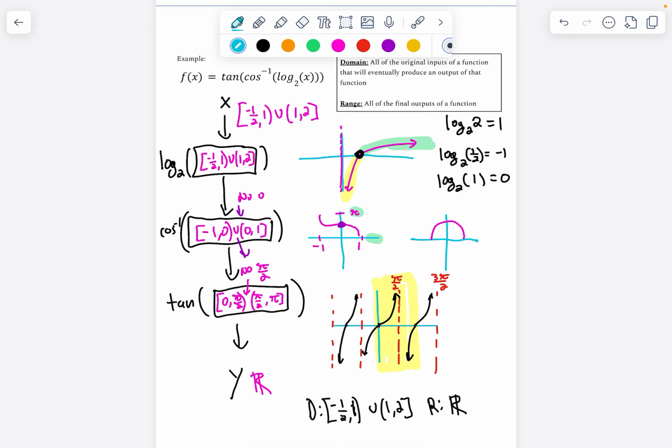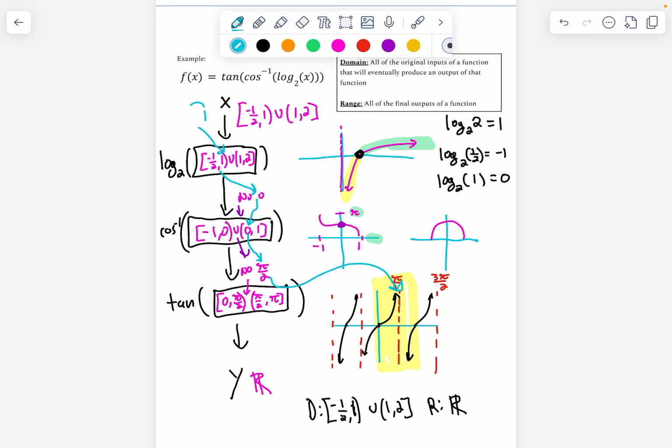And just to illustrate why we had to take that out, suppose we had plugged in 1, so x is 1. We plug that into the log function. Log base 2 of 1 is 0, so we would have gotten this 0. Plug 0 into arc cosine, we will get pi over 2. And then if we try to take tangent of pi over 2, well, that doesn't exist. It's undefined.